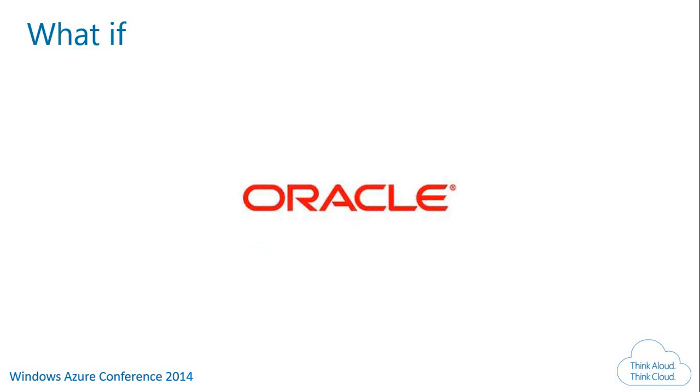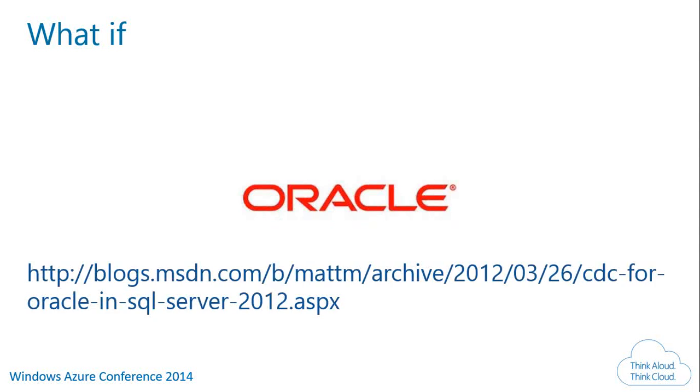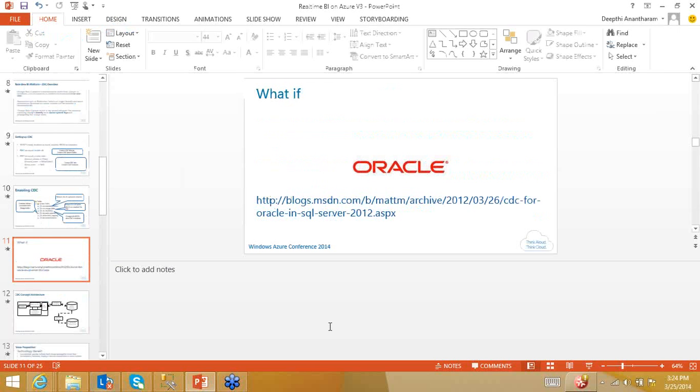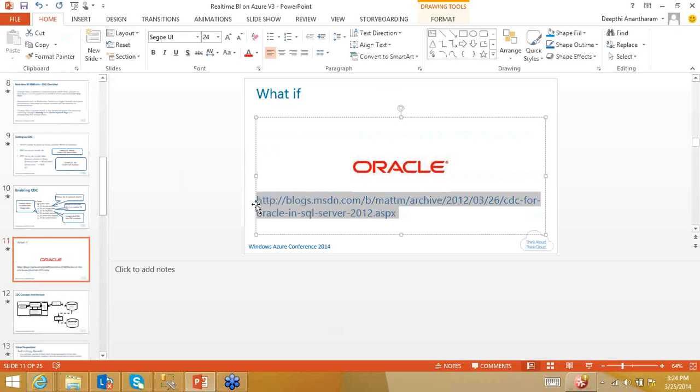What if the source was Oracle? The answer is, if any database has a data file and a log file separately, then it is possible to do it. Let's actually take a look at this blog.